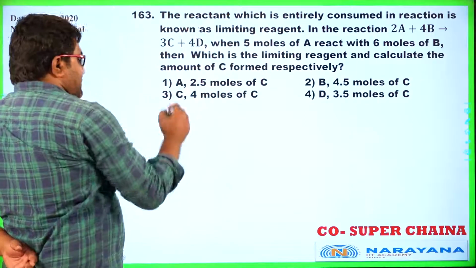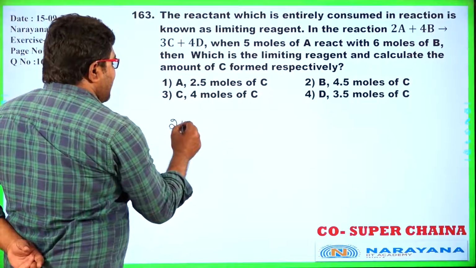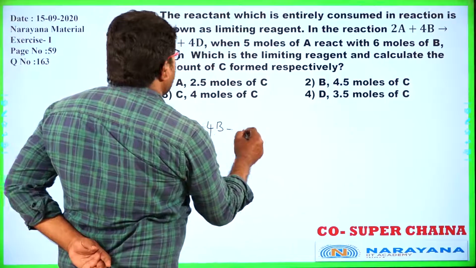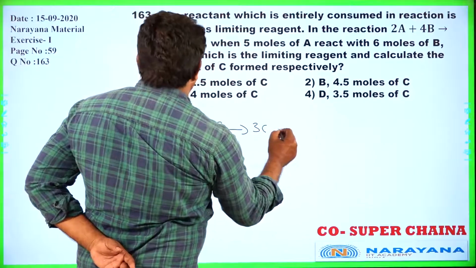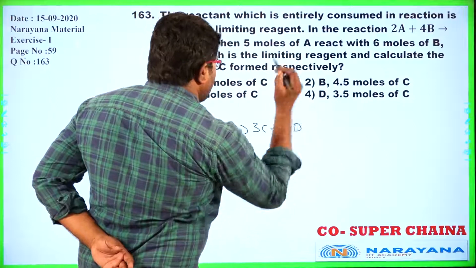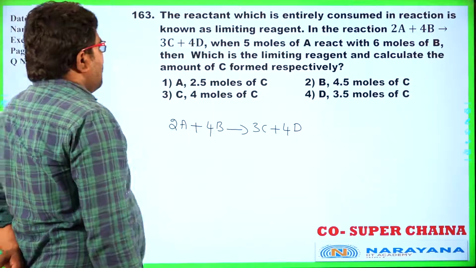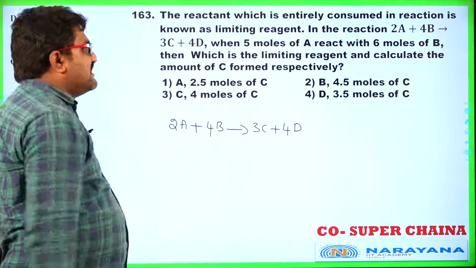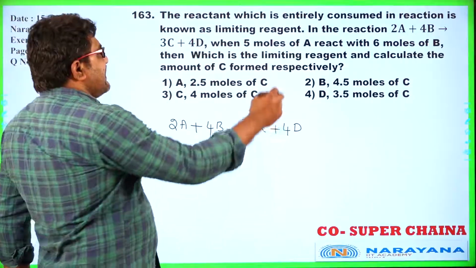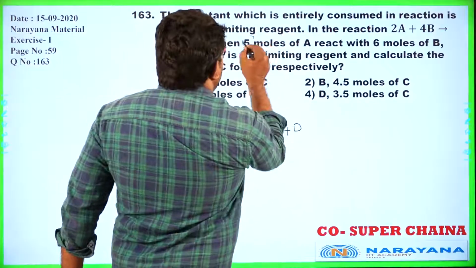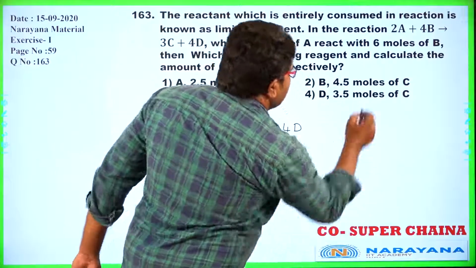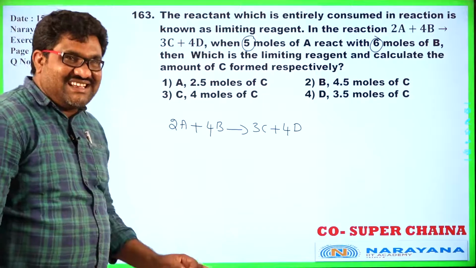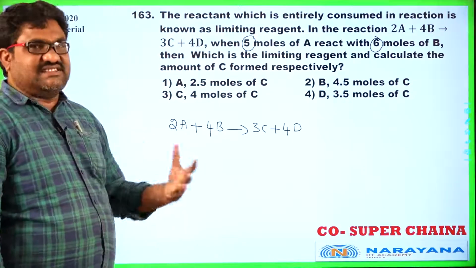Now according to the given equation, what the equation has given, 2A plus 4B gives rise to 3C plus 4D. Okay. Now 2 moles of A require 4 moles of B, but he has given 5 moles of A and 6 moles of B. Then we need to find which one is the limiting reagent and which one is the excess reagent.